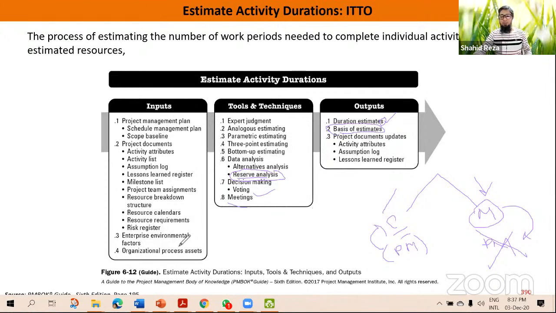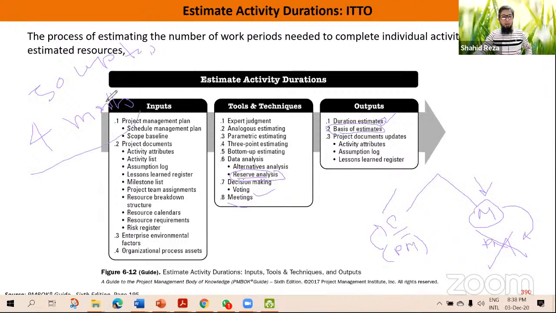Say, for example, you need 50 laptops in your project. And your vendor, in the contract terms, said that he needs 4 months to deliver the laptops.